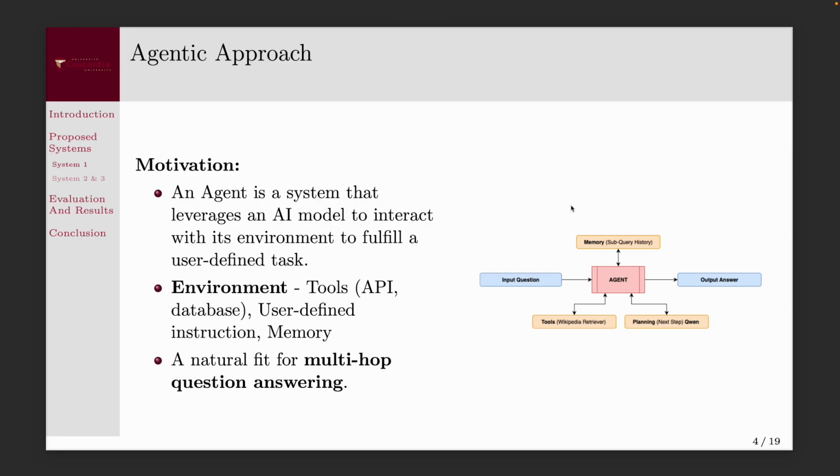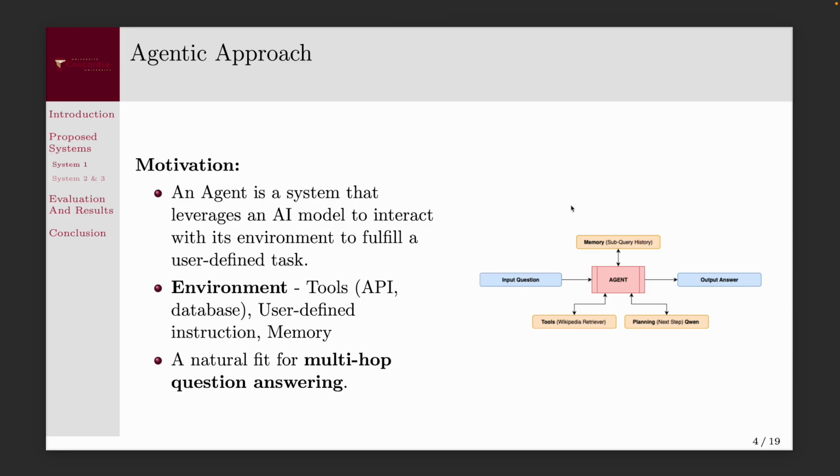Coming to the first proposed system, that is an agentic approach, where an agent is a system that leverages an AI model to interact with its environment to complete a user-defined task. Here an environment consists of tools, user-defined instruction and memory.